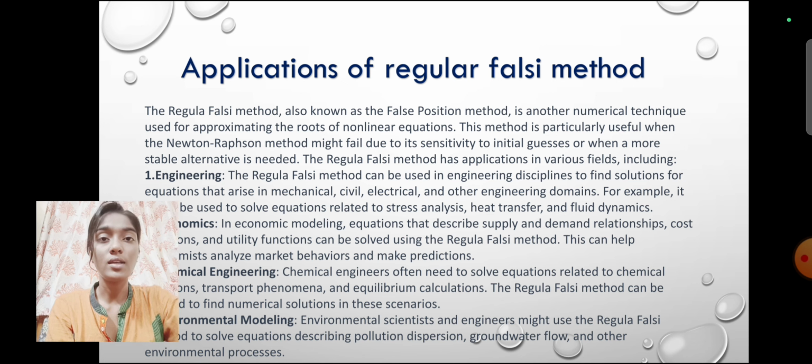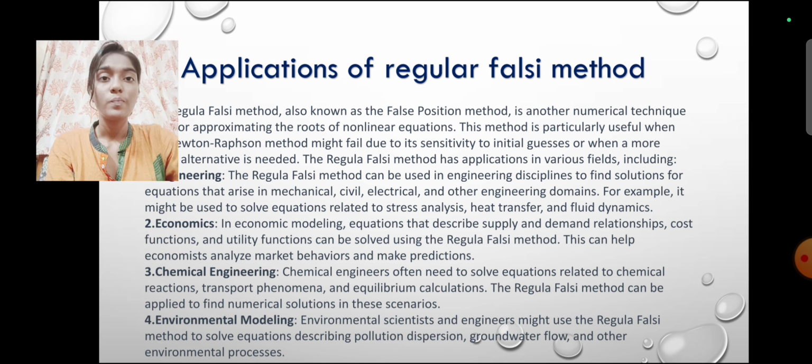The second one is economics. In economic modeling, equations describing supply and demand relationships, cost functions, and utility functions can be solved using the regula falsi method. This can help economists analyze market behaviors and make predictions. The third one is chemical engineering. Chemical engineers often need to solve equations related to chemical reactions, transport phenomena, and equilibrium calculations.